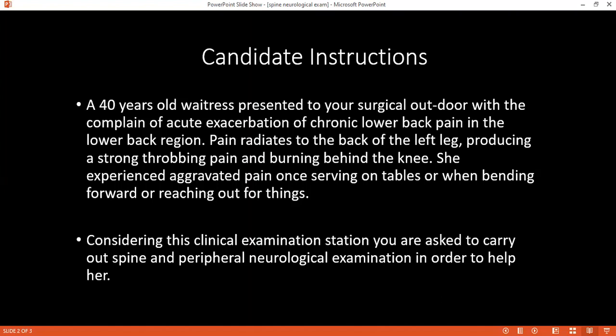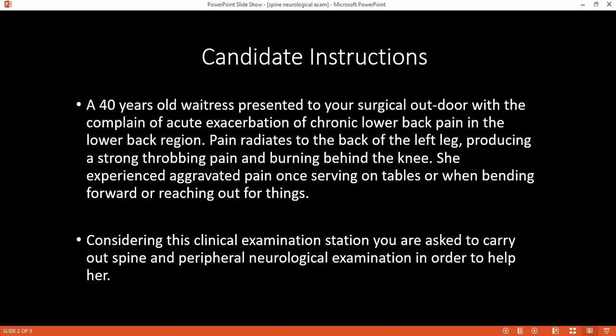And the Schober test was decreased in forward flexion. The straight leg raising test was positive on the left side, on the left leg.